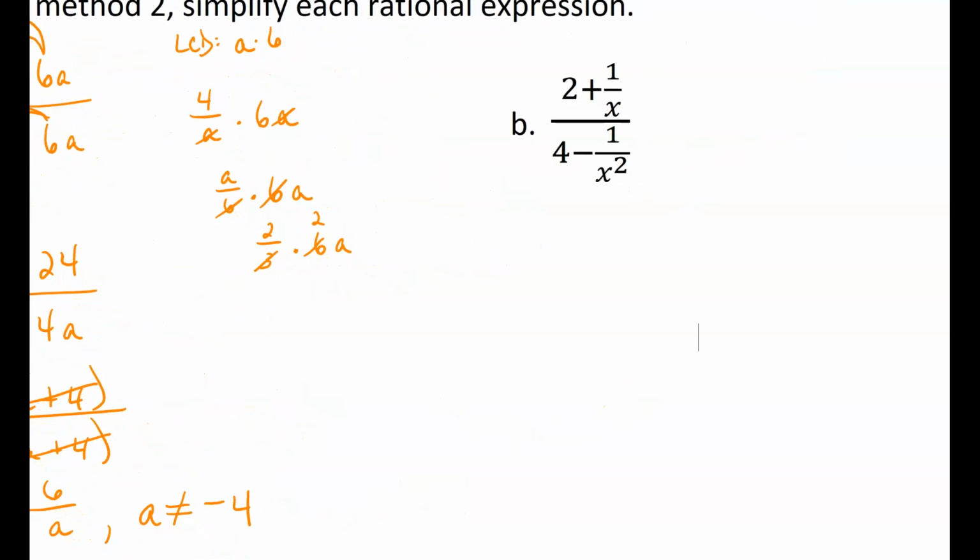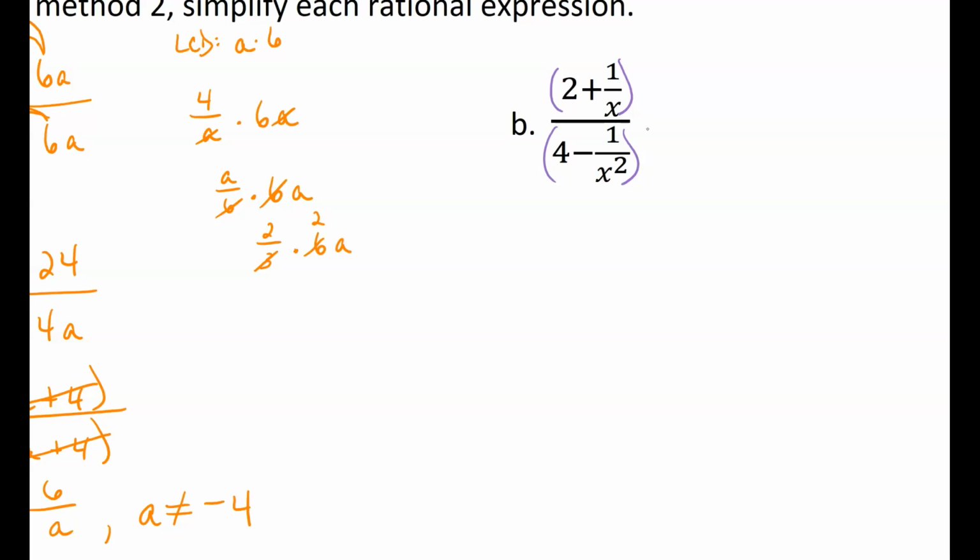I have 2 plus 1 over x, all divided by 4 minus 1 over x squared. And again, I know that it's this term here divided by this term based upon where that heavier fraction bar is. So again, I'm looking at the whole thing.